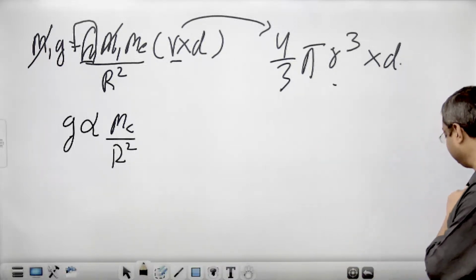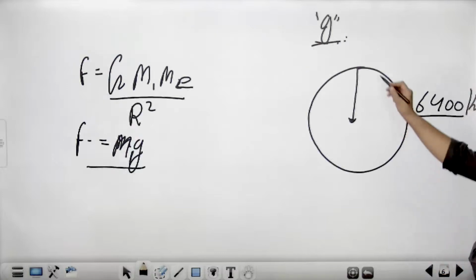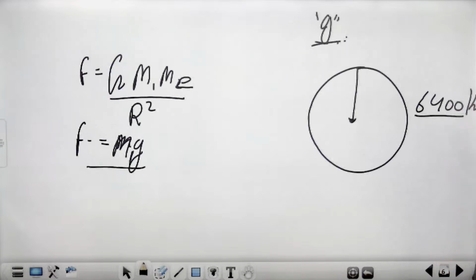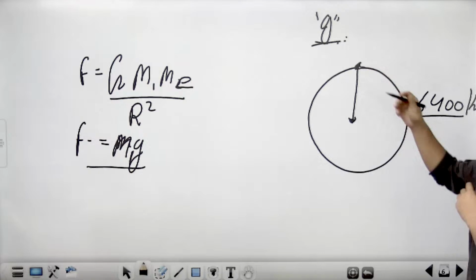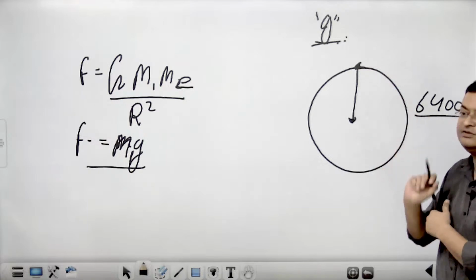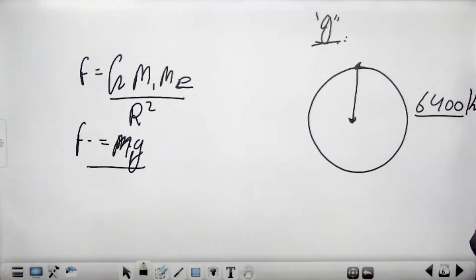Now first case we have taken that we were going downwards. ठीक है. So when we are at this place, what is the effective distance of me from the center of the earth? 6400 kilometer.